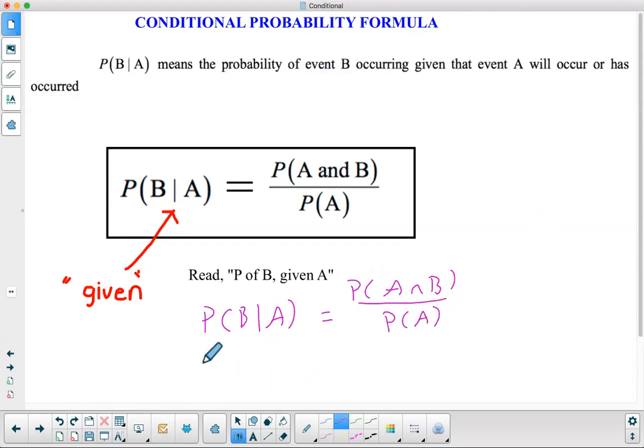And similarly, if you had the probability of A given B, you always just want to make sure that it's the second one that's in the denominator. Probability of B, probability of A and B. So this is, again, probability of B given A equals probability of A and B over probability of A.